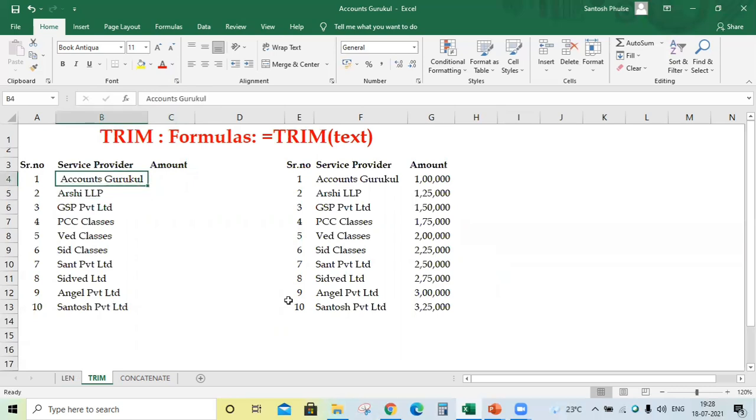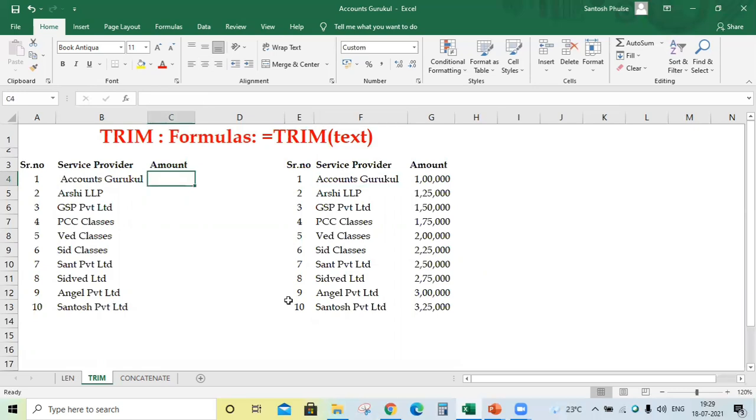When we are using VLOOKUP to find and take the amount for a particular service provider, there is some key point, and in these two data sets we have the service provider as the key point. Based on that data we can use VLOOKUP to take this entire amount here.